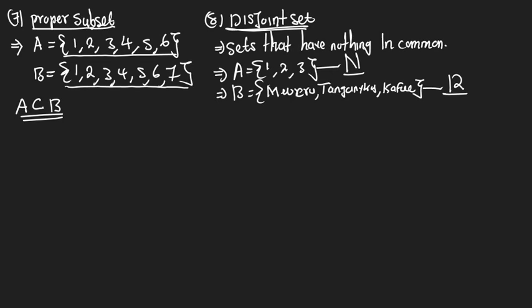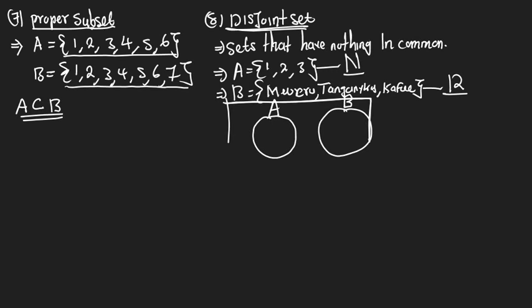Okay? Henceforth, if we were to present this in the Venn diagram, we would say that if this is set A, then set A will have nothing in common with set B. This is how a Venn diagram is going to look. That is how you present disjoint sets.